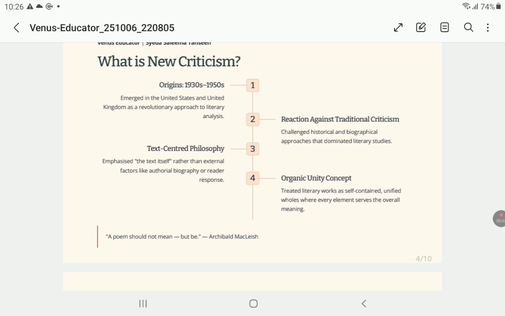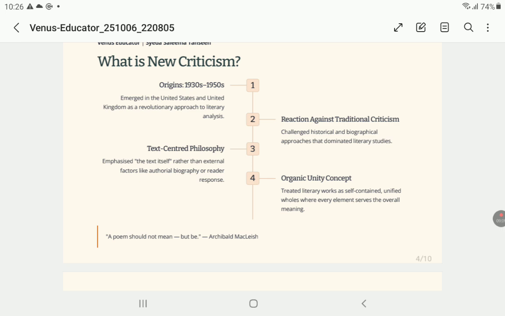authorial, biographical and reader factors. Okay, the third one is reaction against traditional criticism. It challenges the historical and biographical approaches that dominated literary studies. Here we are going to learn how the reaction against traditional criticism is a challenge for new criticism.